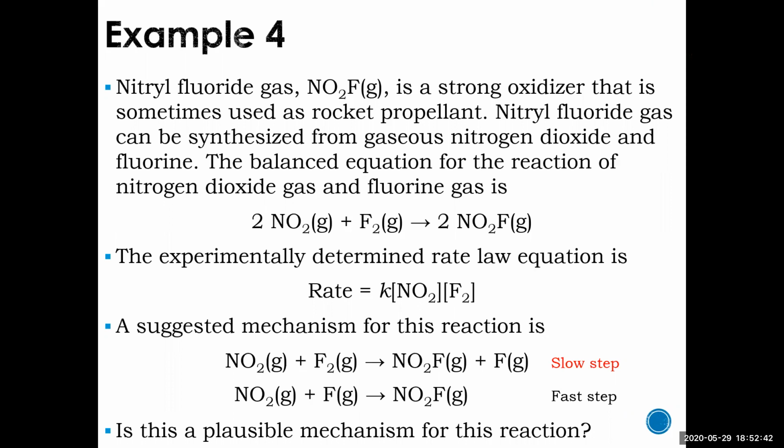With the F2 and the slow step, that would be the, what's it called? I forgot what it's called. The F2, the reaction intermediate? Yeah, wasn't it? The F2, like fluorine gas? That's just straight up a reactant because it appears in the final equation as well.